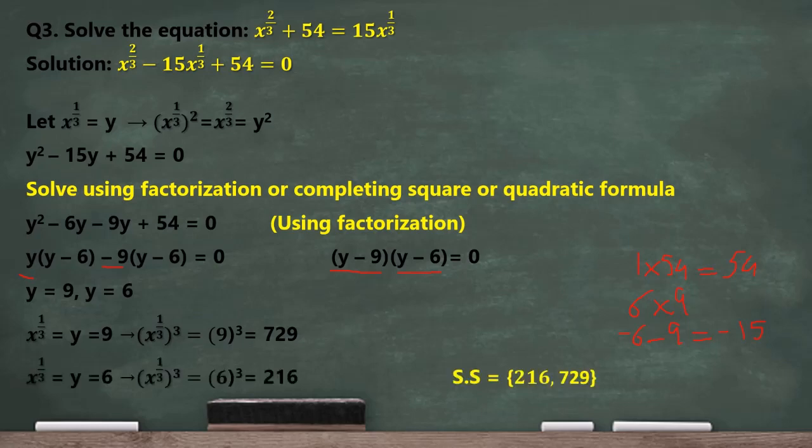Again, x raised to the power 1 upon 3 equal to y equal to 6, that is the second value of y, and taking cube on both sides, we get x equal to 216. The cube of 6 is 216, and our solution set is 216 comma 729.